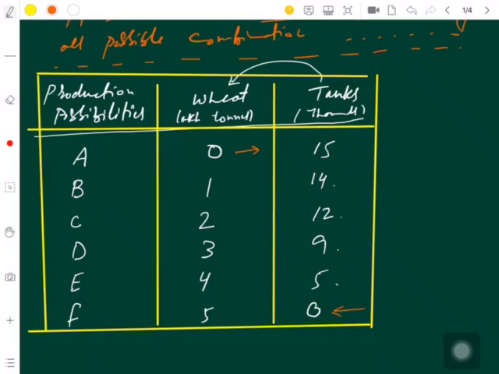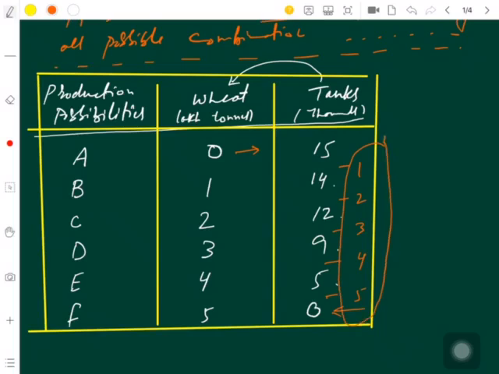But you will come to know why the change is just not very similar. Here there is a difference of 1, then a difference of 2, the difference is increasing, then a difference of 3, a difference of 4, a difference of 5. Why is this happening? This is to be answered separately.